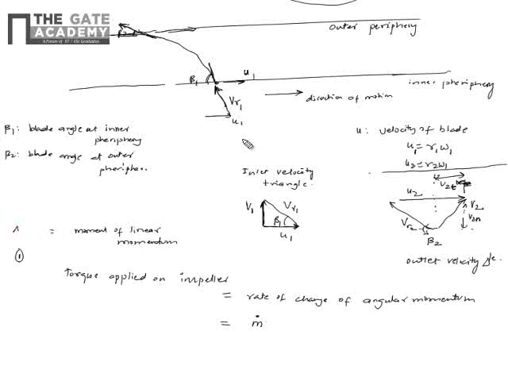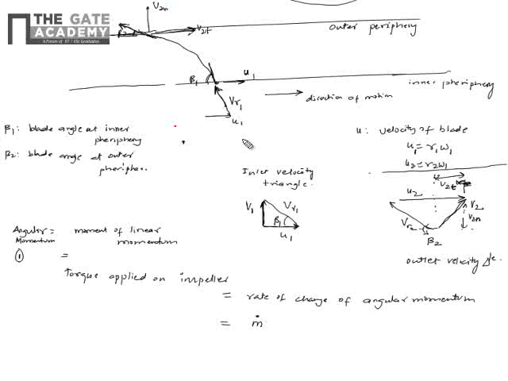Let's say the velocity at the outlet is V2; the tangential component is V2t and the normal component is V2n. Only the tangential component will have a moment about the center.